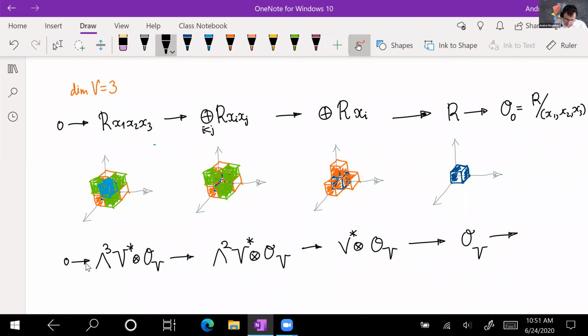And now, how to write the differential in a manifestly GL invariant way.